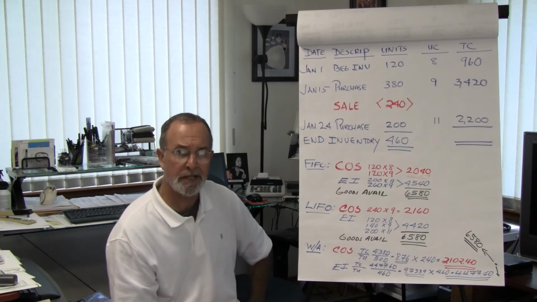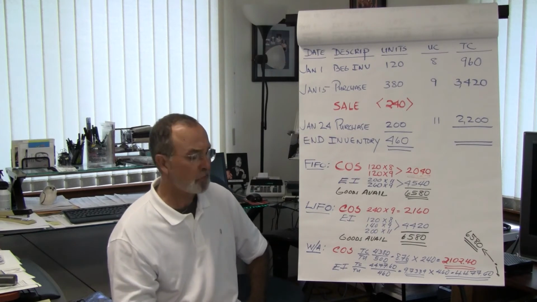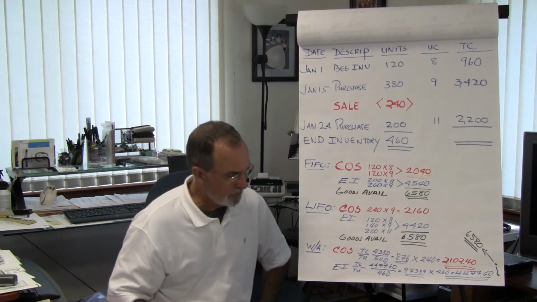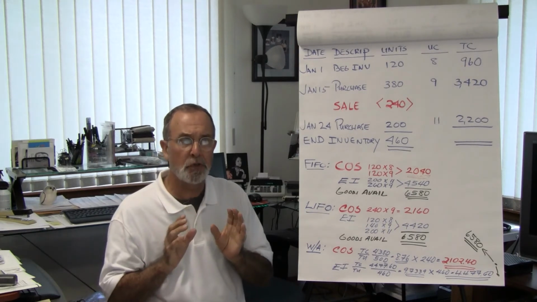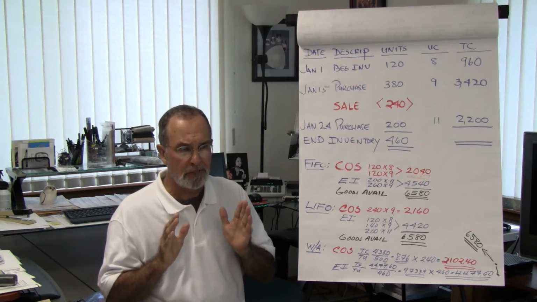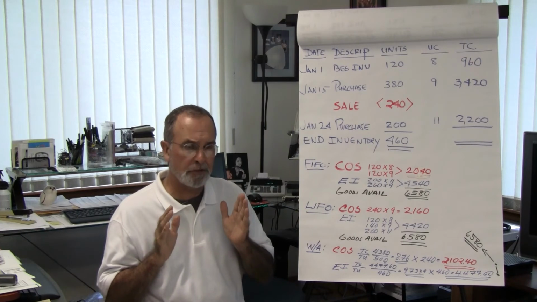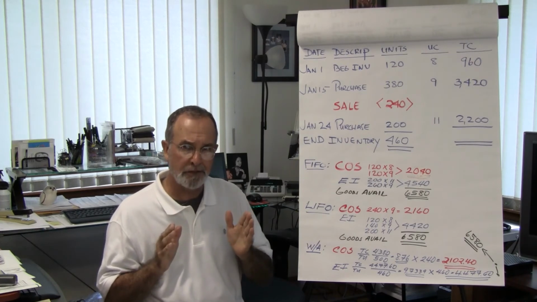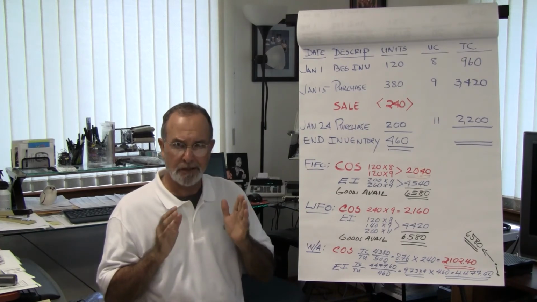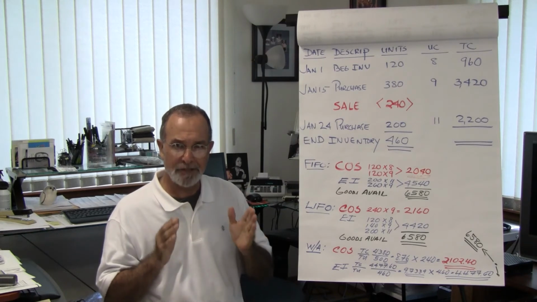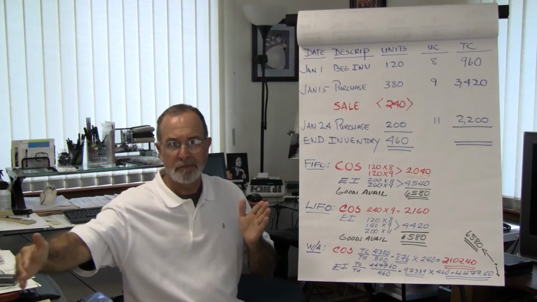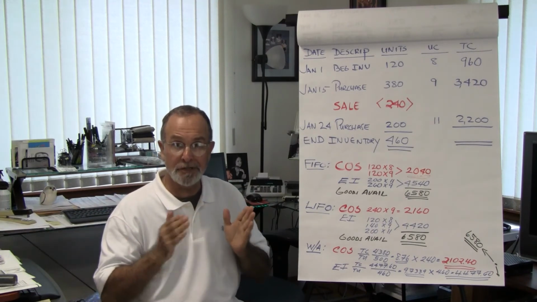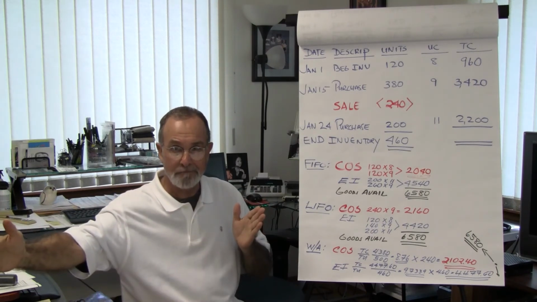And the reason is that, let me start at the beginning. When you use the perpetual inventory method, you need to calculate the cost of each and every sale as you move forward in time.